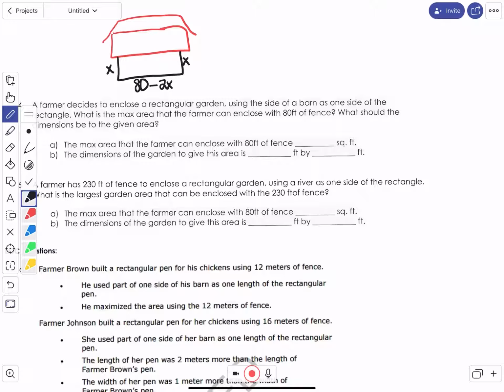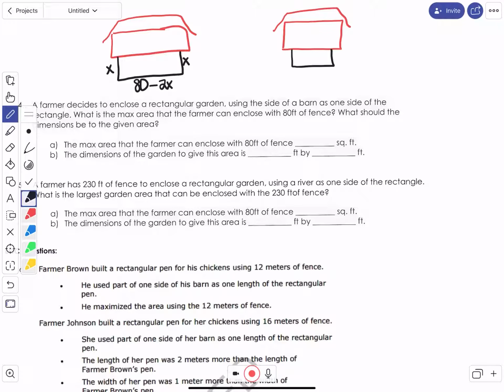That's what he has left because we're going to take 2x away. So think about that for a second. Hypothetically, let me draw another picture over here. Let's just say hypothetically, okay?